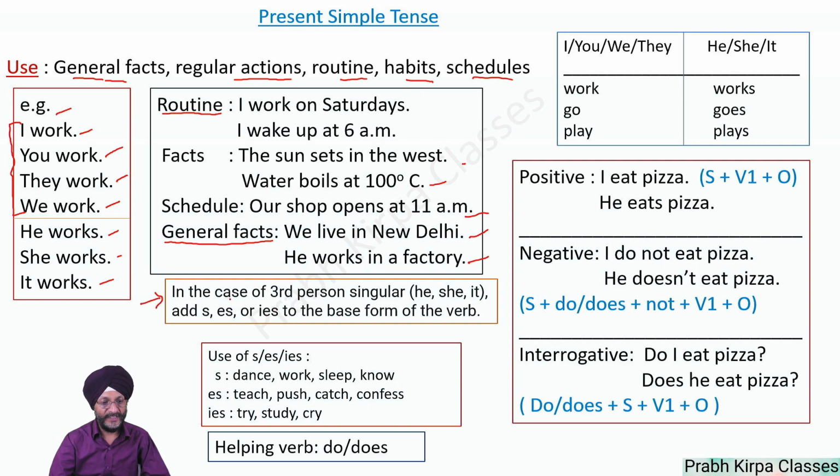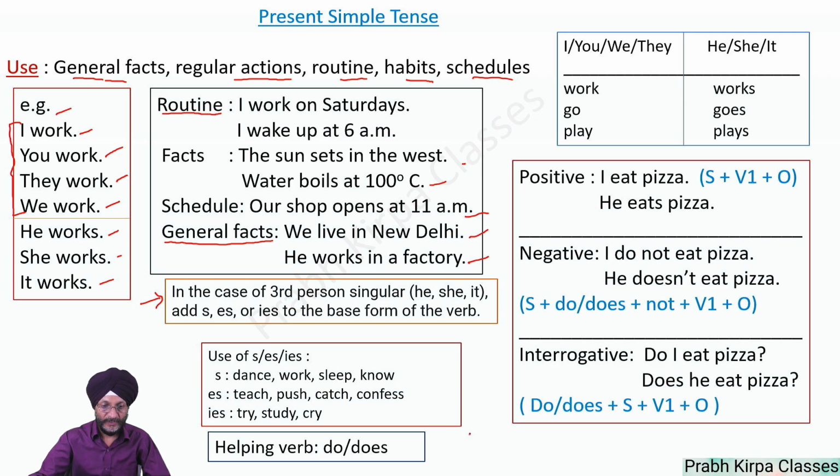The answer is this: in the case of third person singular, that is he, she, it, add s, es, or ies to the base form of the verb. As you know, a verb has a basic form, a simple past, and a past participle. We give here an example of the same.